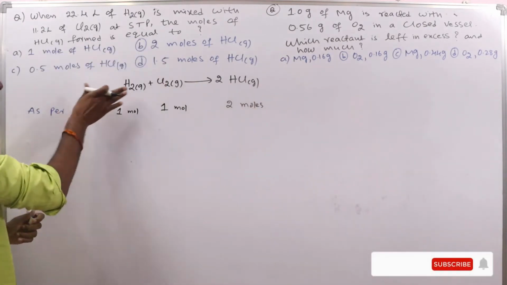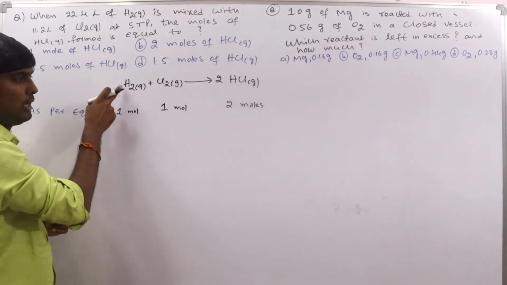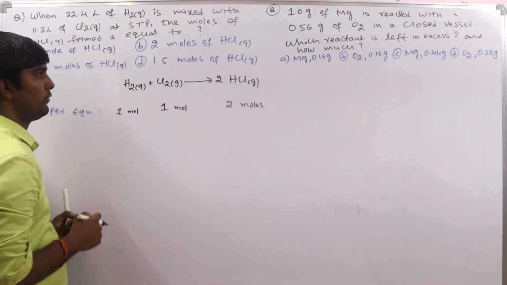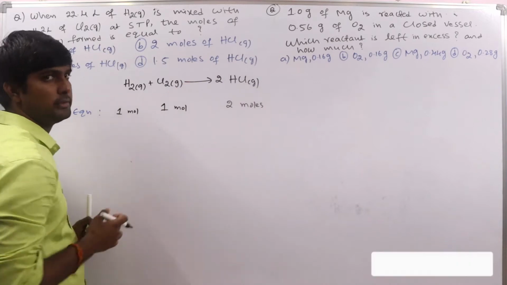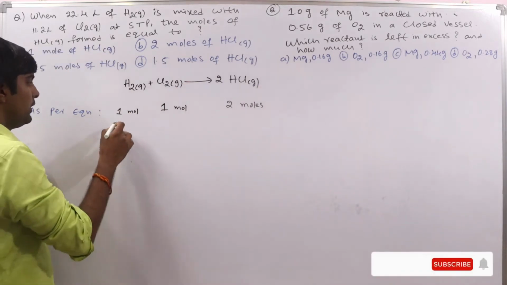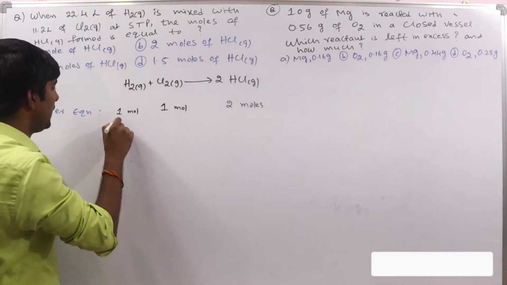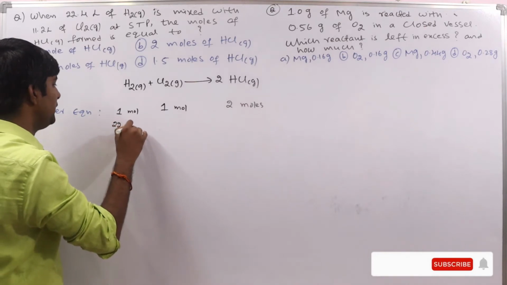According to the balanced equation, 1 mole hydrogen reacts with 1 mole of chlorine to form 2 moles of HCl. Now, 1 mole of any gas occupies how much volume?